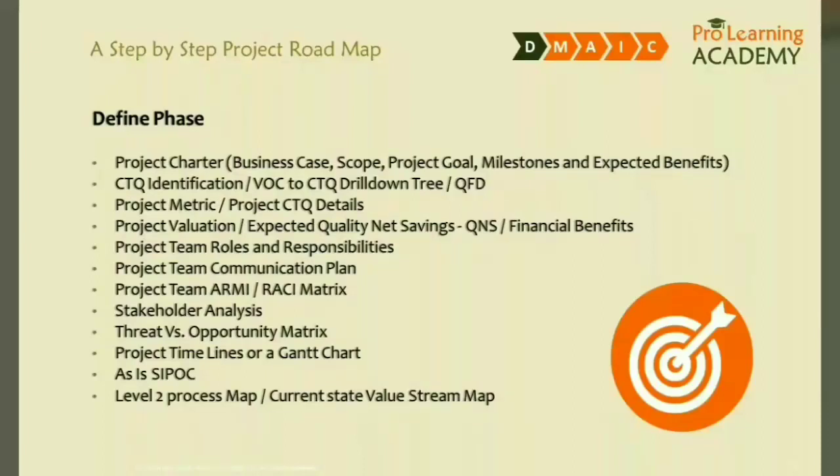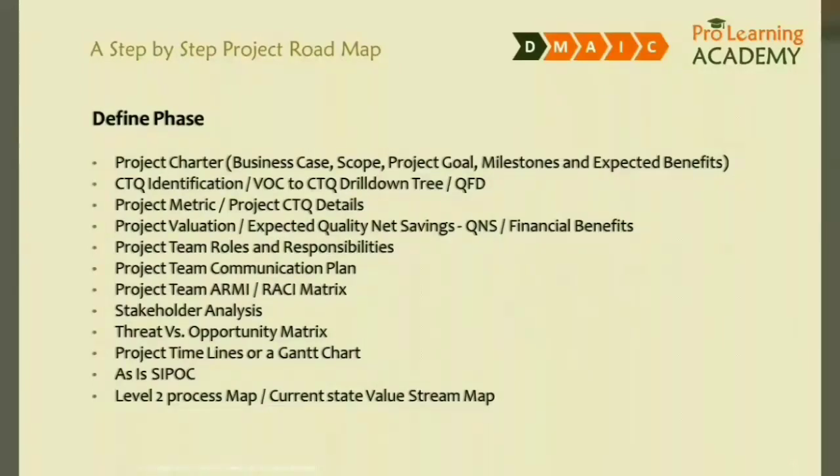This project charter, the define phase, will also have expected quality net savings or financial benefits. Project team will be identified with roles and responsibilities. Project team communication plan will be set.